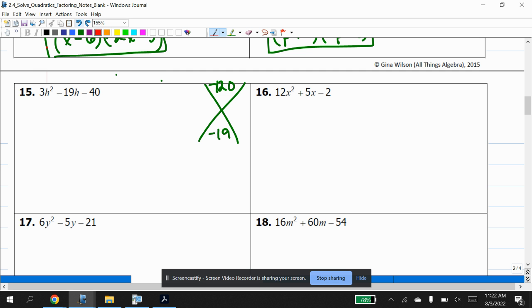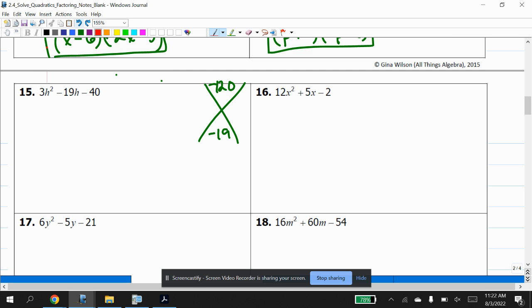Which one is negative, the bigger or smaller one? The bigger one. If the bottom is negative, the bigger number will be negative. If the bottom is positive, the bigger number will be positive. That means the negative number is pretty big compared to the positive number.